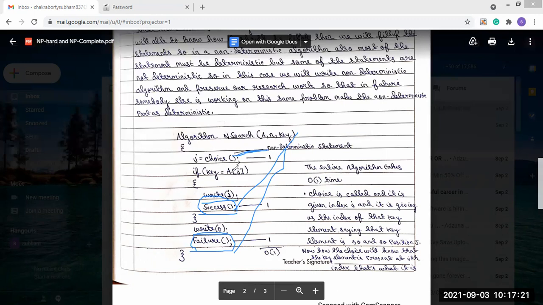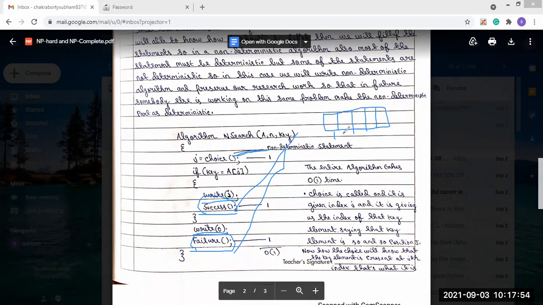Now, what does it mean? Let's take an example. Let's say we are taking an array, and in this array, a total of 5 elements are present. We will give index numbers, starting with index number 1, so the indices are 1, 2, 3, 4, 5.